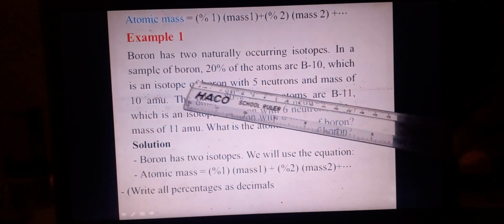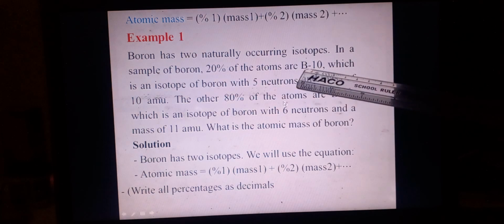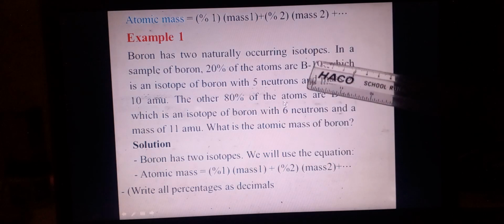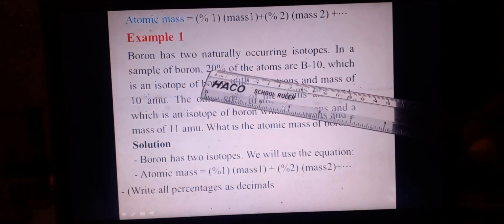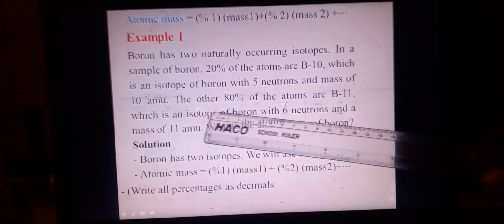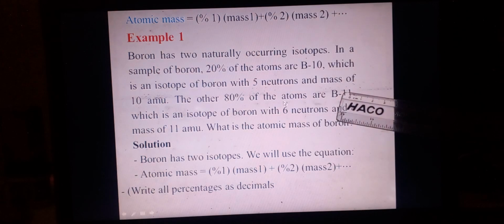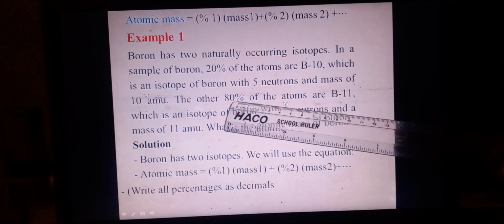In a sample of boron, 20% of the atoms are B-10. So the first isotope has a mass number of 10 and the percentage abundance is 20. The other 80% of the atoms are B-11, so 11 is the mass number of the second isotope, and the percentage abundance is 80%.